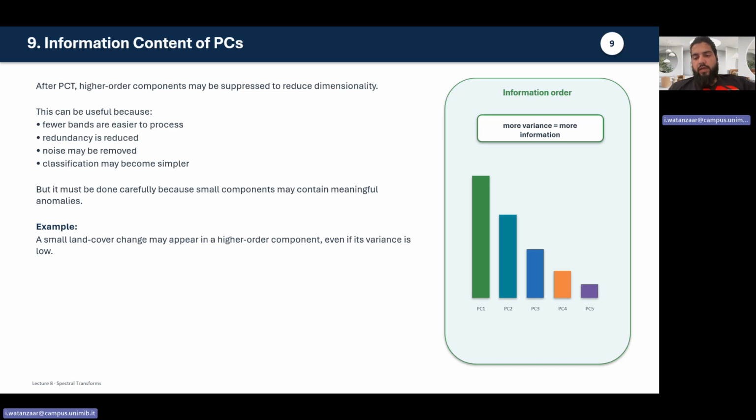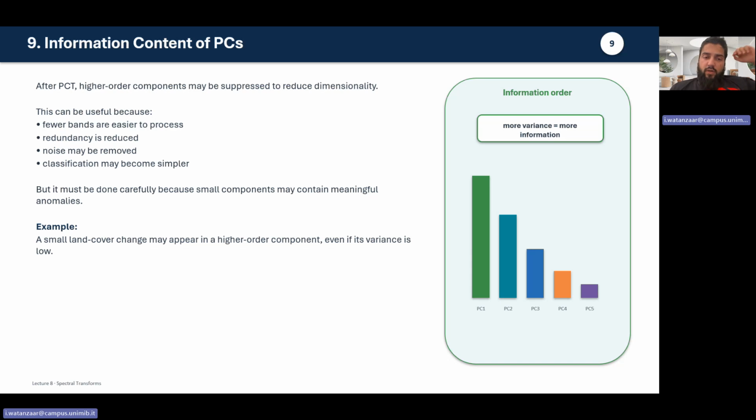So if we lose it in the reduction of the bands when transforming into principal components, we may lose information. That's why it's really important to consider whether the information is meaningful for anomalies, and it should be done very carefully.